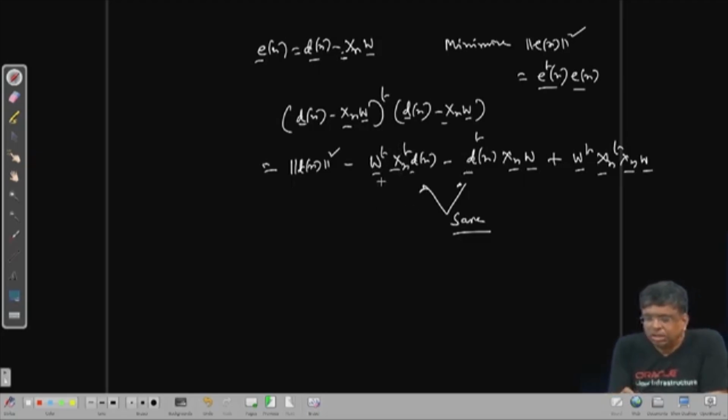These two are the same, because if you take the transpose of this, dn transpose comes first, then the transpose of w transpose xn transpose, which is xn w. So, one is the transpose of the other, but both are scalar. A scalar and its transpose are the same.